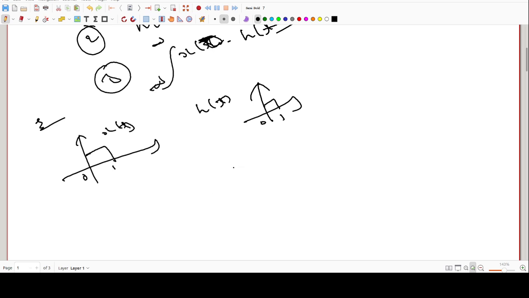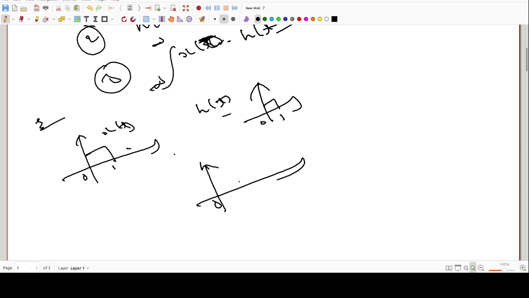As I told you in the beginning, it tells how much two functions overlap when one slides over the other. They don't overlap automatically; we force one to slide over the other so we can find the output after the overlapping. At first there is no overlap, so the output is 0.